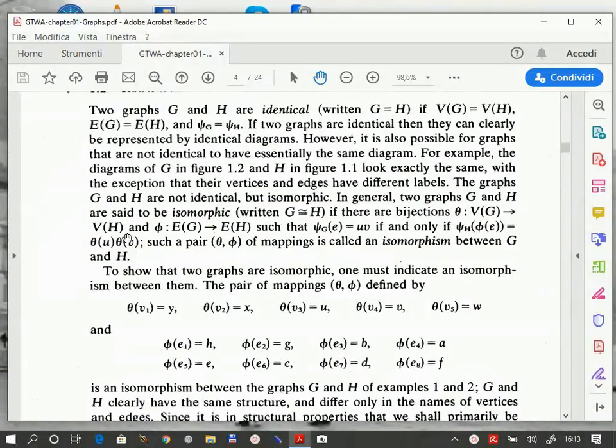And so isomorphism is the core of all possible simulations in mathematics. In graph theory, this means if an edge connects two vertices, then the corresponding edge must connect the corresponding vertices. If you don't have this, it's not enough to have two bijections. You don't have an isomorphism. You cannot simulate one vertex with the other. All right?